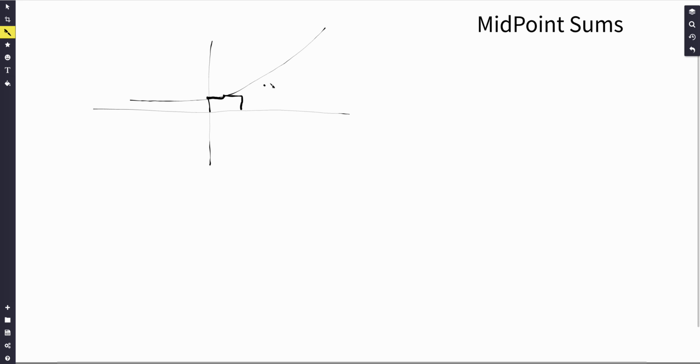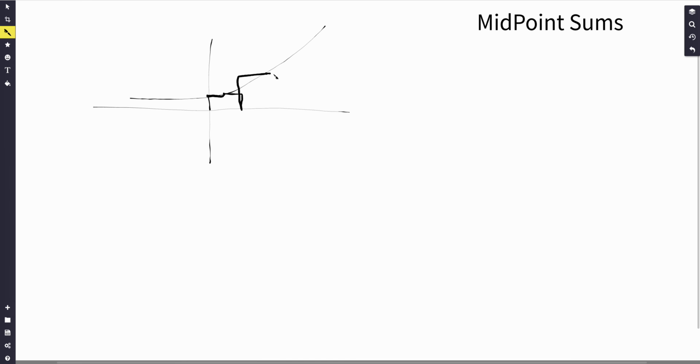And then again, you go to the midpoint and draw a rectangle right there and then right there. And for the final one, just do this. Basically take the interval's midpoint and draw the rectangles.